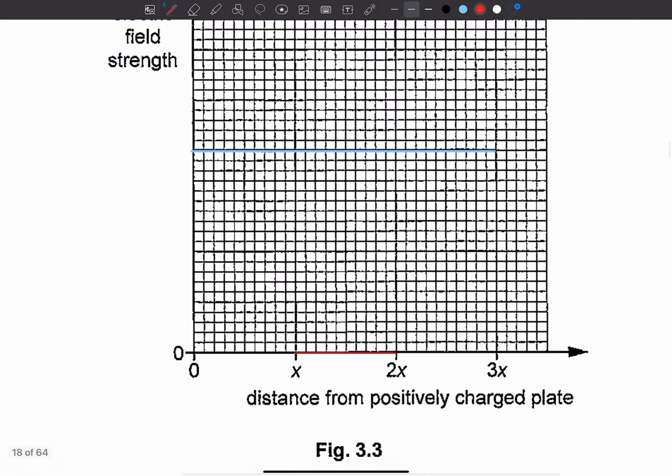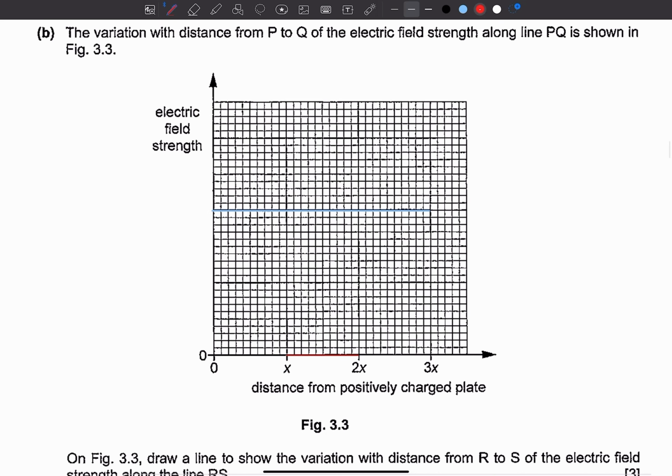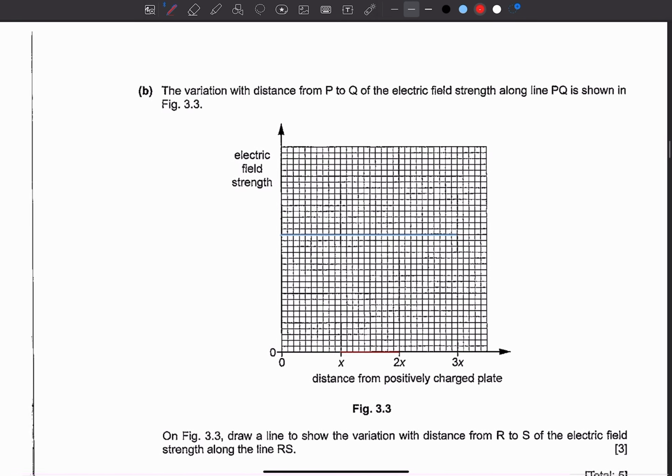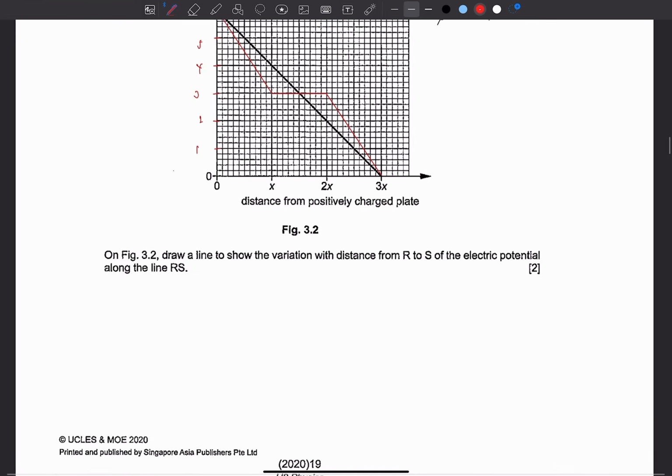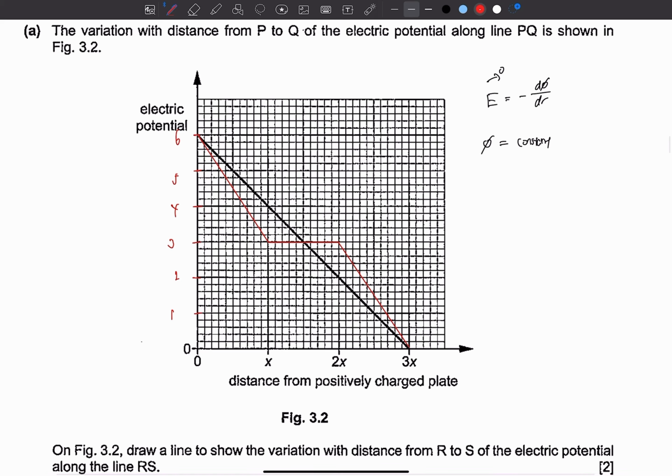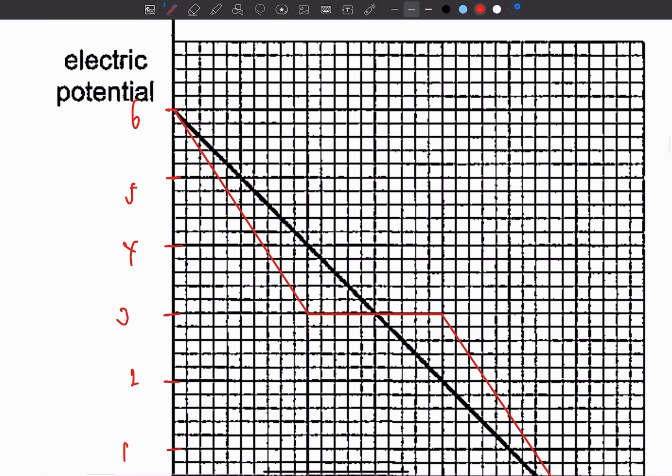Next, we need to figure out what is the value for the electric field strength from R to S. If you look at this previous graph, and just focus on this portion here, from here to here to here.